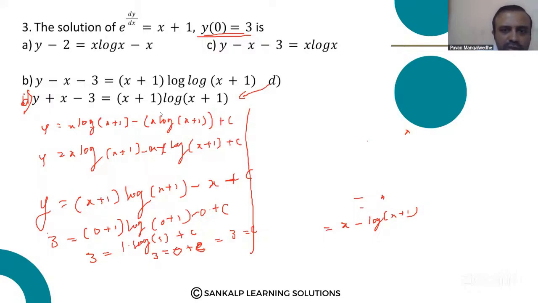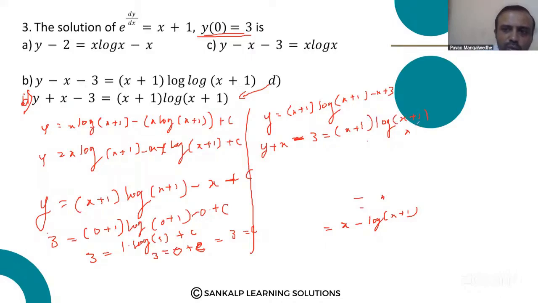By substituting c equals 3, y is equal to x plus 1 log of x plus 1 minus x plus 3. On transposing, y plus x minus 3 equals x plus 1 into log of x plus 1.